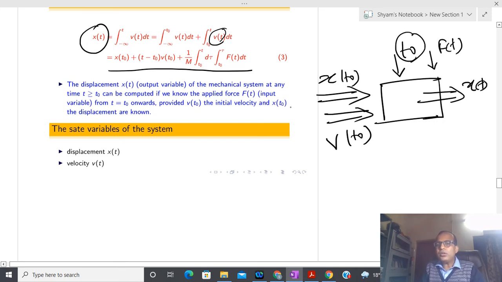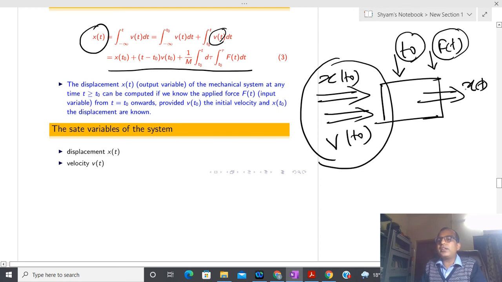Whenever we write a mathematical model, the forcing function is always known, because we are applying the force. The clock is always in my hand, so I know what the time is. So this information is just what is required to predict the future, and this is nothing but the state variable. Okay, anyone has confusion?